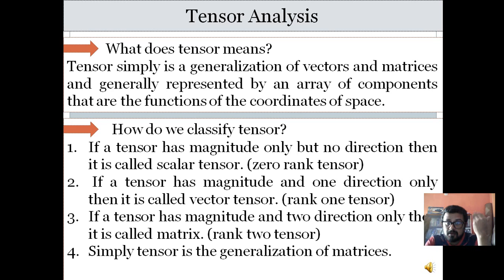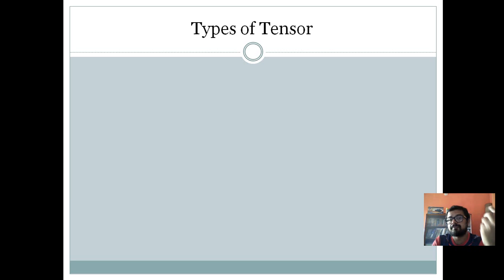If the tensor has two directions and has magnitude also, then we can call it a matrix, and it is a rank 2 tensor. So tensor can be classified in the following ways. Tensor can be generalized, at last, as the generalization of matrices.